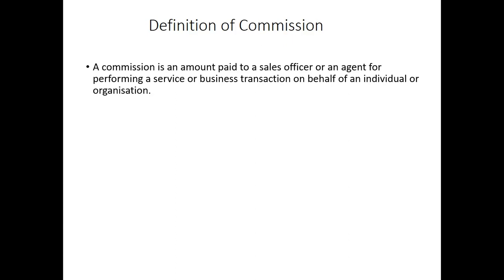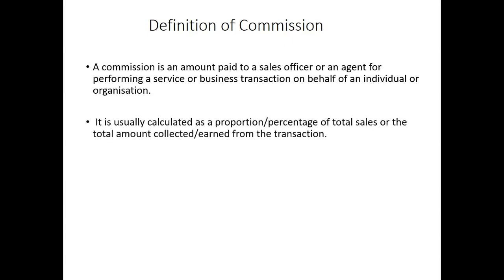So when a sales officer or an agent performs a transaction on behalf of you, as an organization or an individual, you pay the person some percentage of that sales, and that becomes a commission. It is usually calculated as a proportion or percentage of total sales or the total amount collected or earned from the transaction.